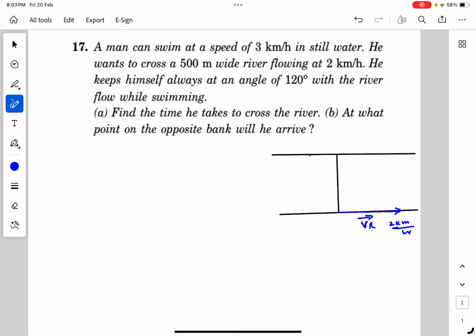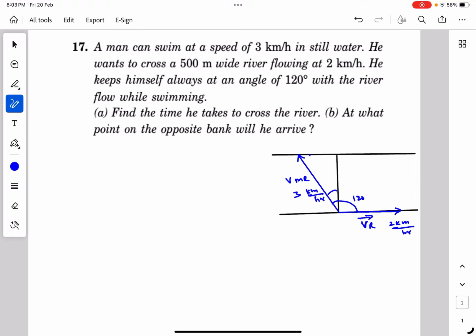Velocity of man with respect to river is 3 kilometers per hour. This is 3 kilometers per hour. This total angle is 120 degree.